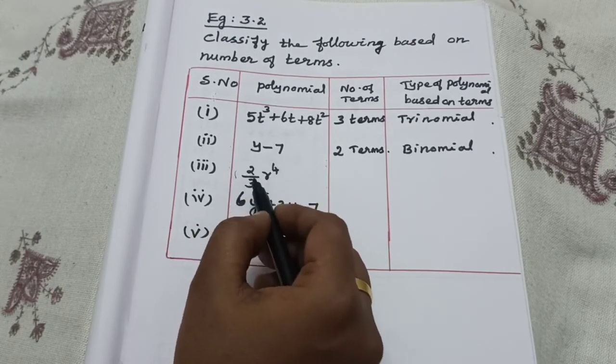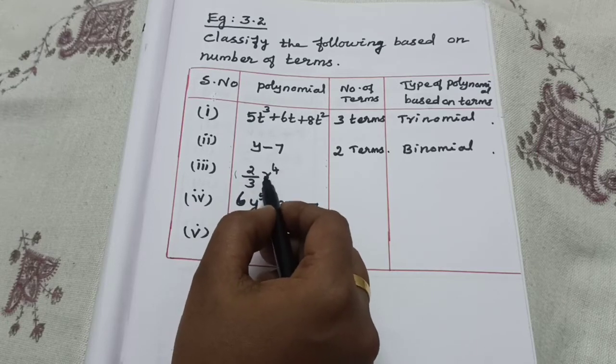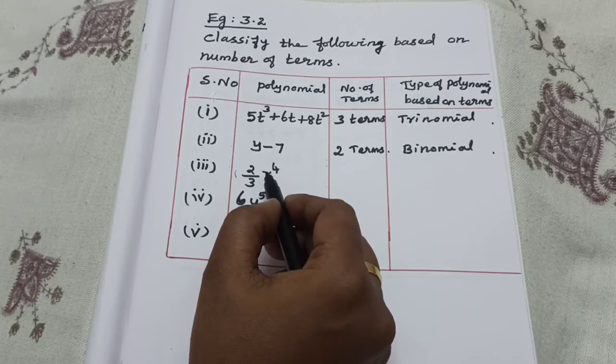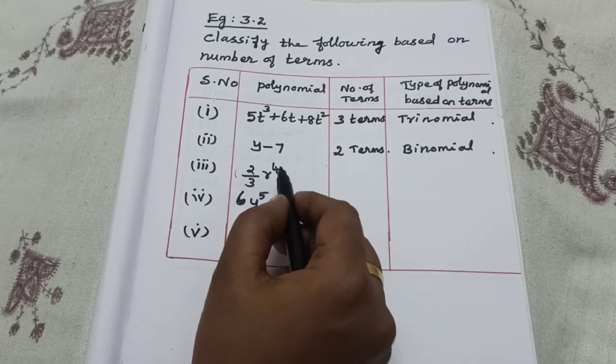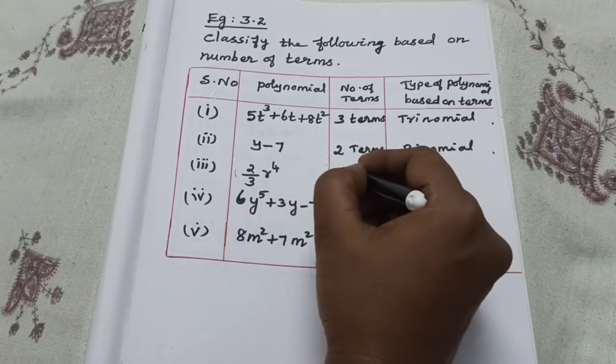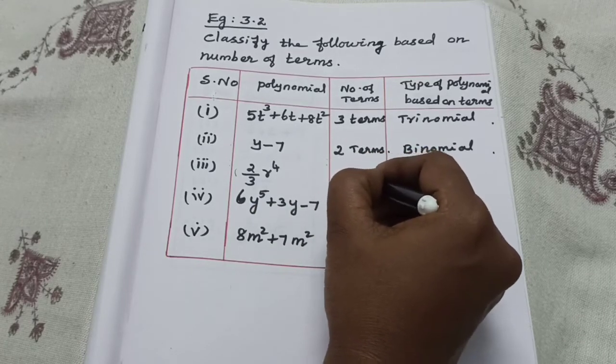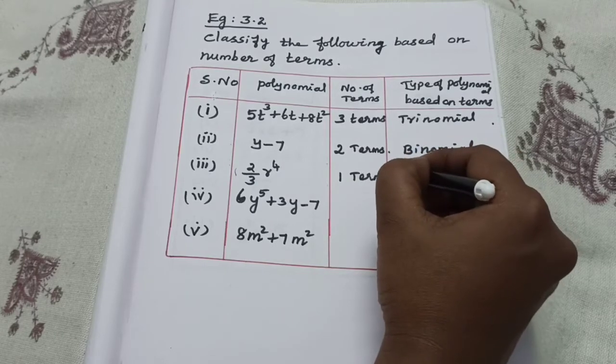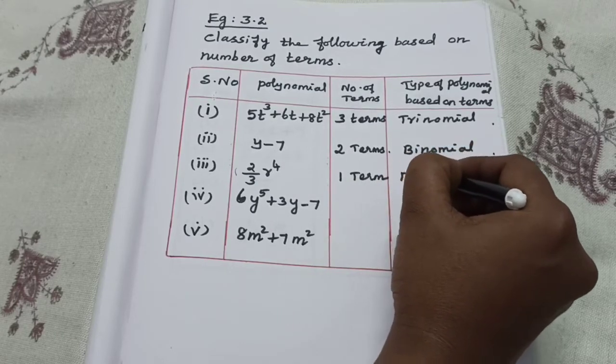This is 1 term: 2 by 3 into r power 4. That means 1 term. 1 term means what's the type? Monomial. Very good.